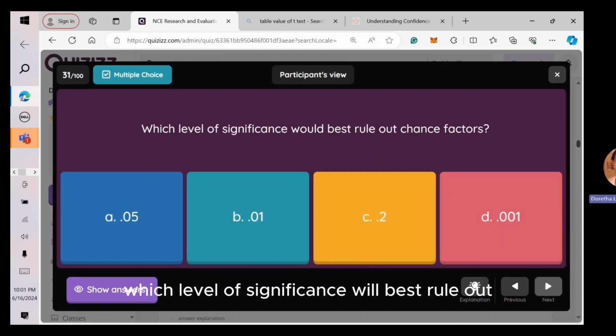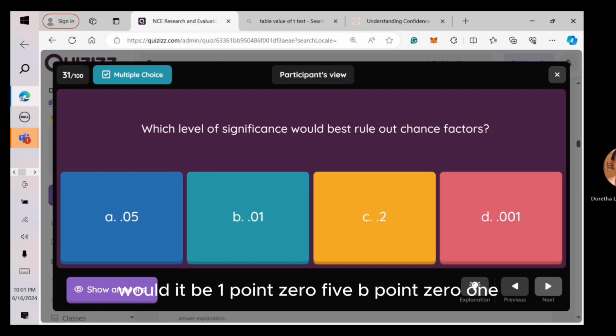Which level of significance will best rule out chance factors? A, 0.05; B, 0.01; C, 0.2; D, 0.001?